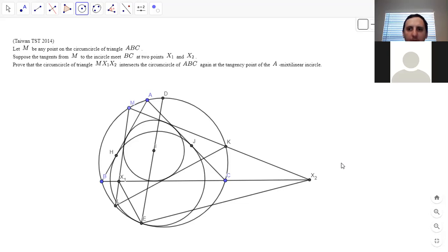It was just kind of an instinct because we have two tangents like that. So we know angle X1 M X2 is angle LMK, which is 180 minus MKL. Yeah, I'm not sure again how helpful that is.